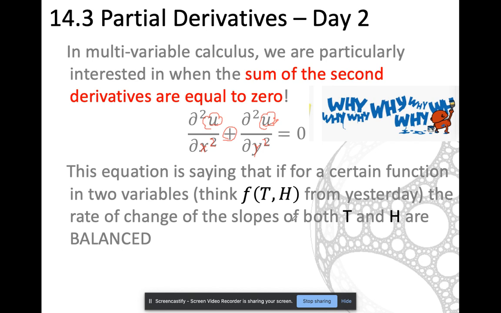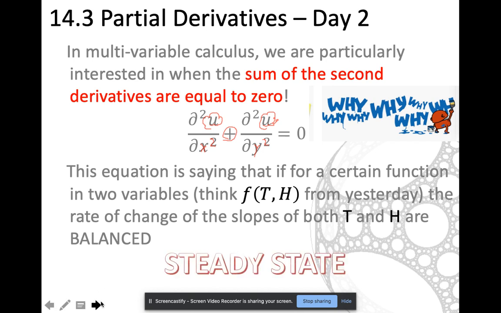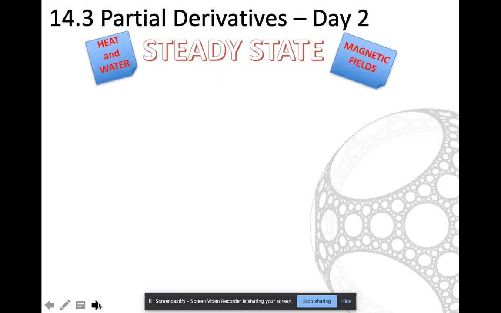And when we have two variables and holding one constant, when the rates of change of the slopes are equal, then we say we are in a steady state. When the rates of change of both variables, you add them together and you equal 0, that's called steady state. Now, depending upon if you're in higher level chem or higher level physics, right? Dealing with heat and water and magnetic fields, often interested in steady state.